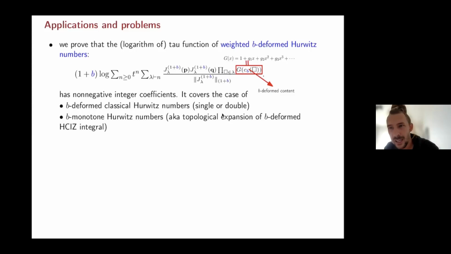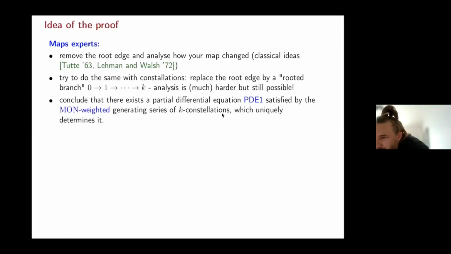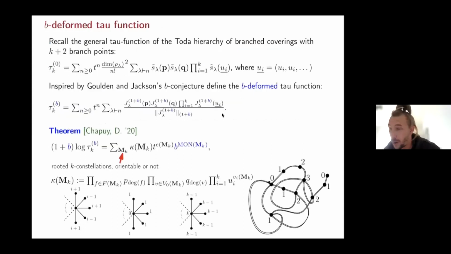On one hand, I will show you again the definition of our function. Here we have this product of many Jack polynomials, k Jacks. If k is equal to 1, then this is a special case of the b-conjecture. So the special case of our result is also a special case of the b-conjecture, and this special case actually covers basically everything that was known so far.